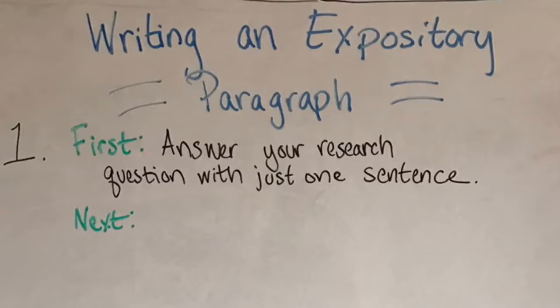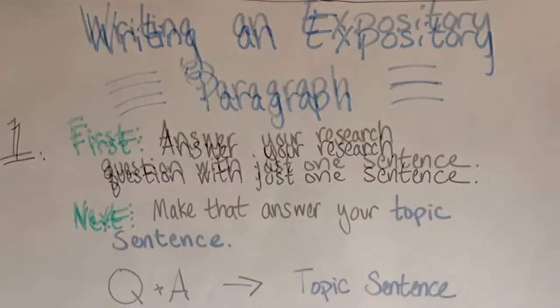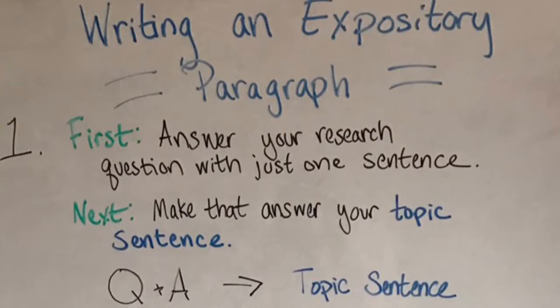So the next part of this is that you will be taking your research question and turning it into a topic sentence for your paragraph. Now, typically, your topic sentence is the first sentence of a paragraph. Just as a quick recap, you may have already gone over this, but your topic sentence is the focus of a paragraph.